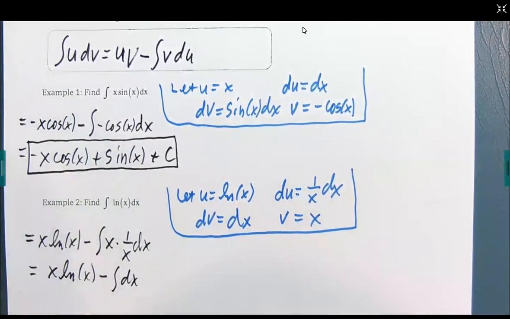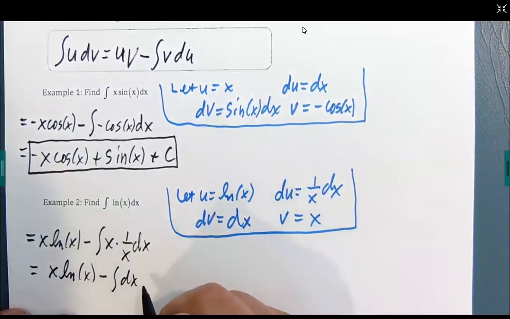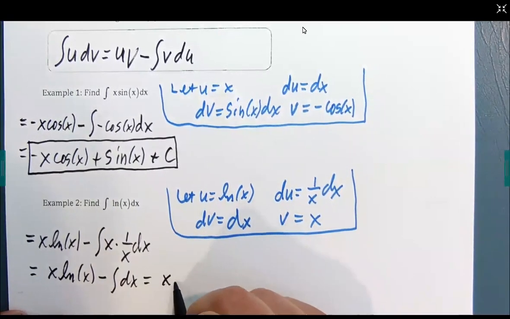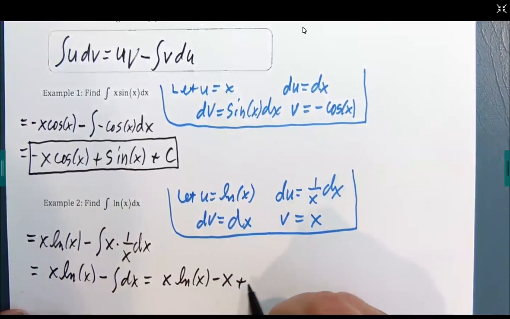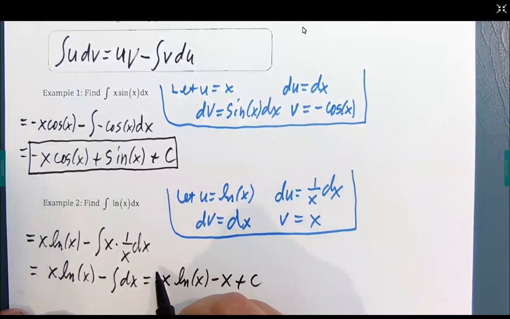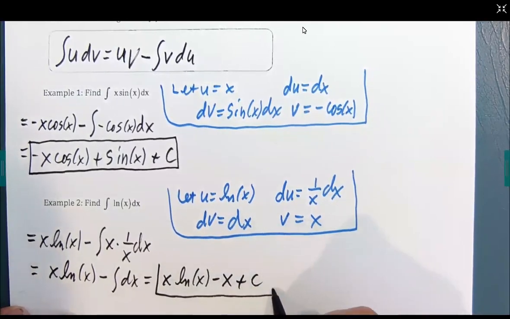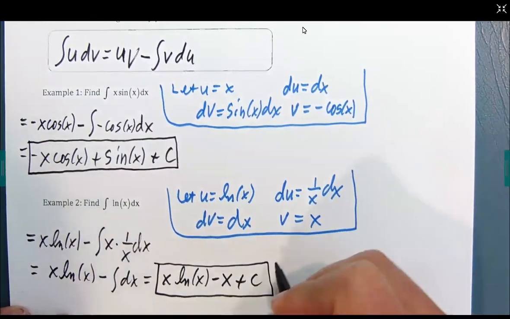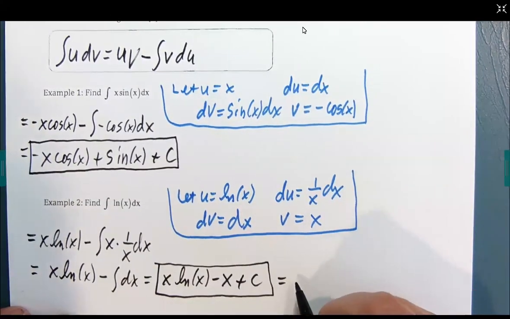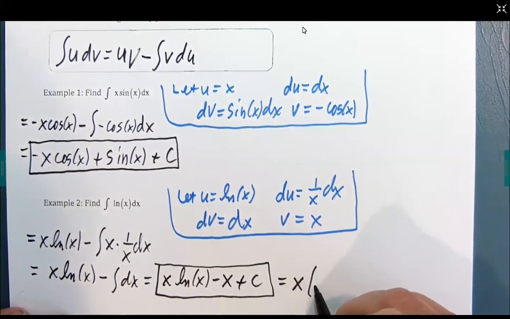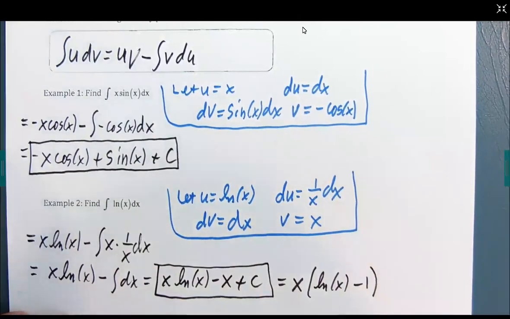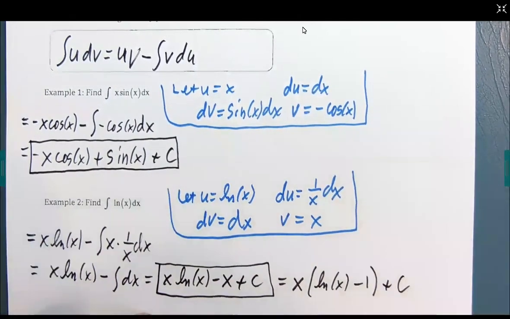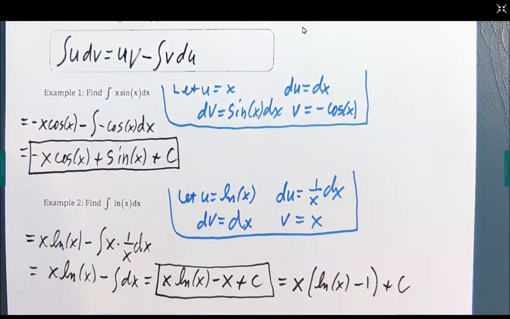And the integral of dx, of course, is just x. Get your constant of integration. There we are. Now, I've seen some books write it like this. Let's see. So both would be considered correct.